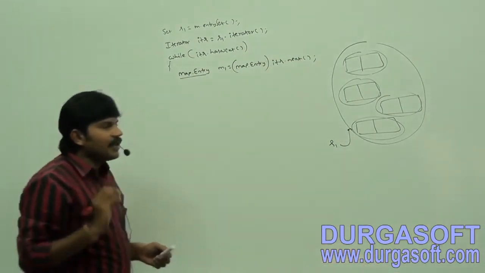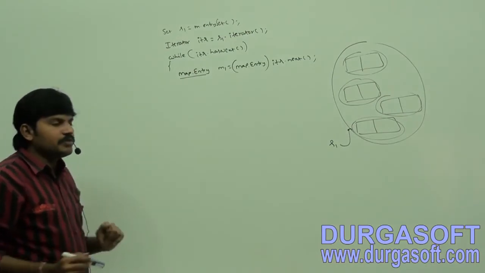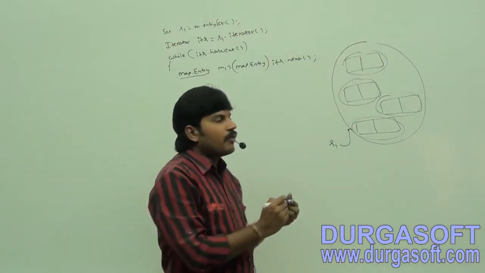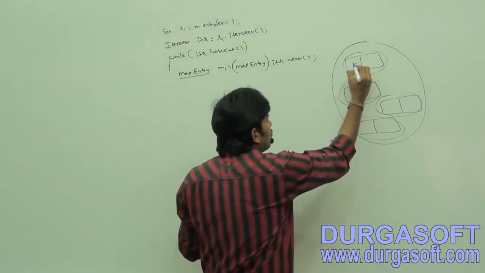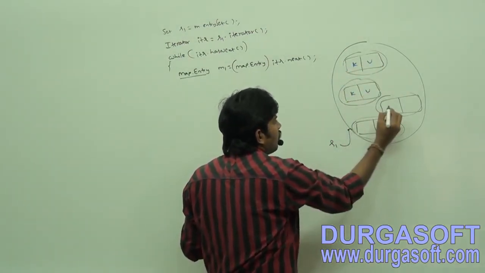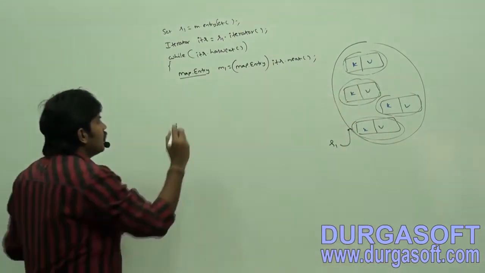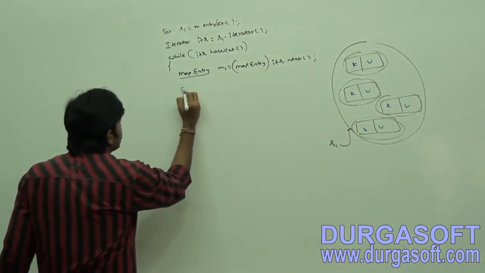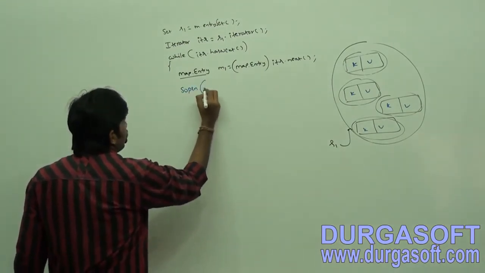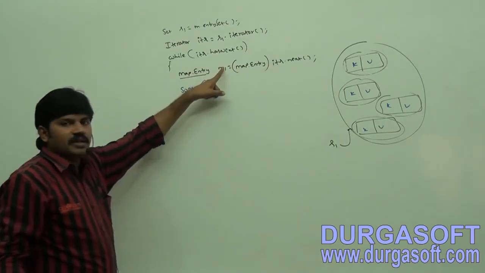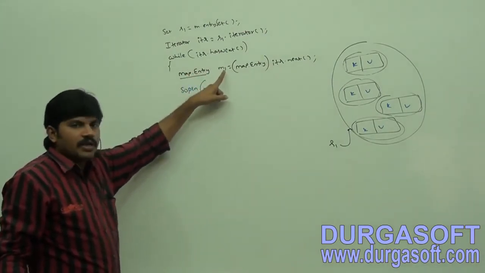Now I got the entry object. Once we got the entry object, which method can you call on it? First entry object I got. Hey, what is your key? What is the value? We are able to get the key and the value. So now I'm asking System.out.println, m1. m1 is which object?